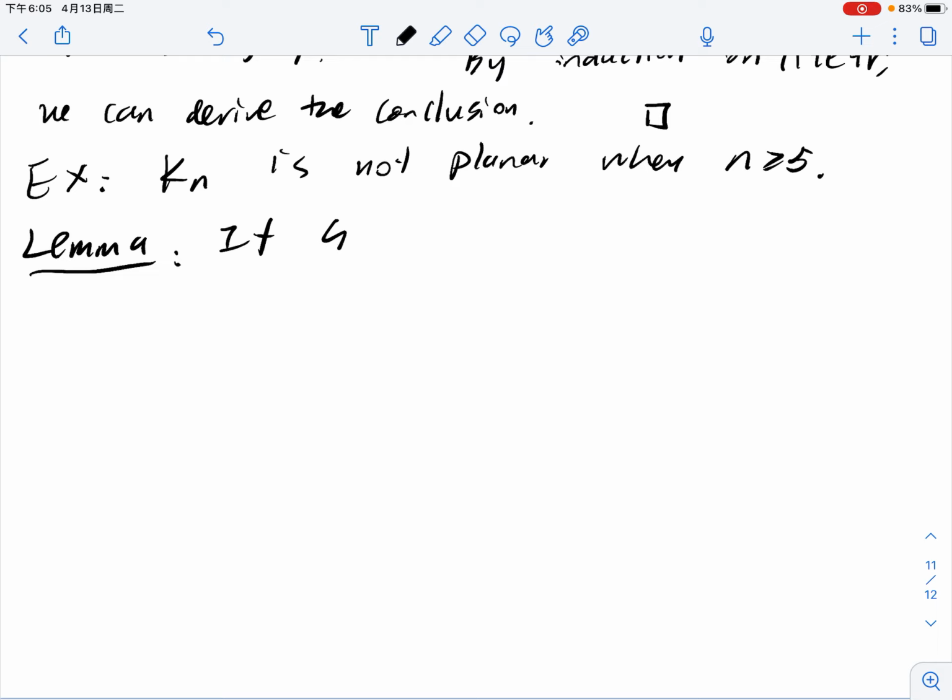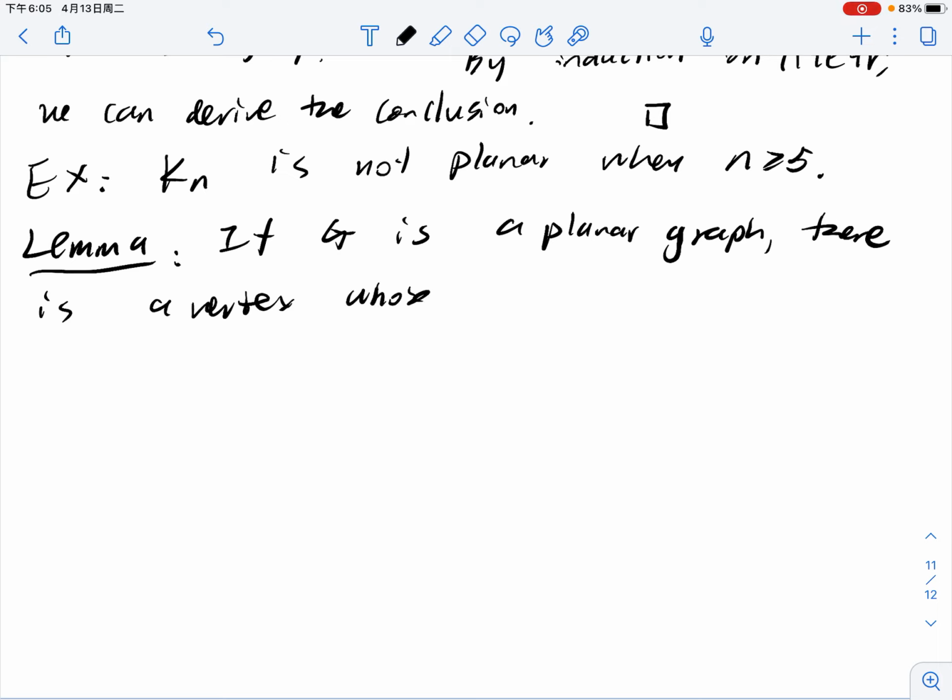Okay. So more generally, if G is a planar graph, there is a vertex whose degree is at most 5.